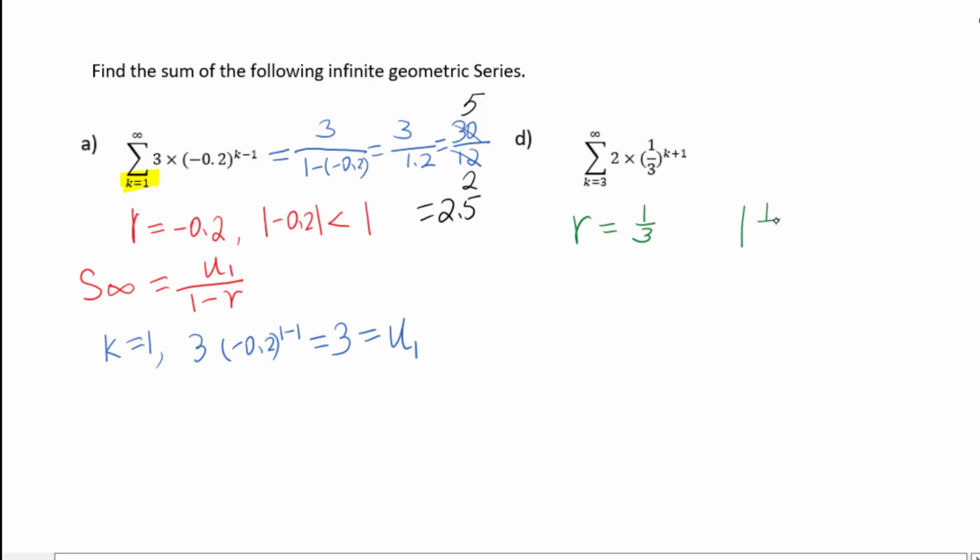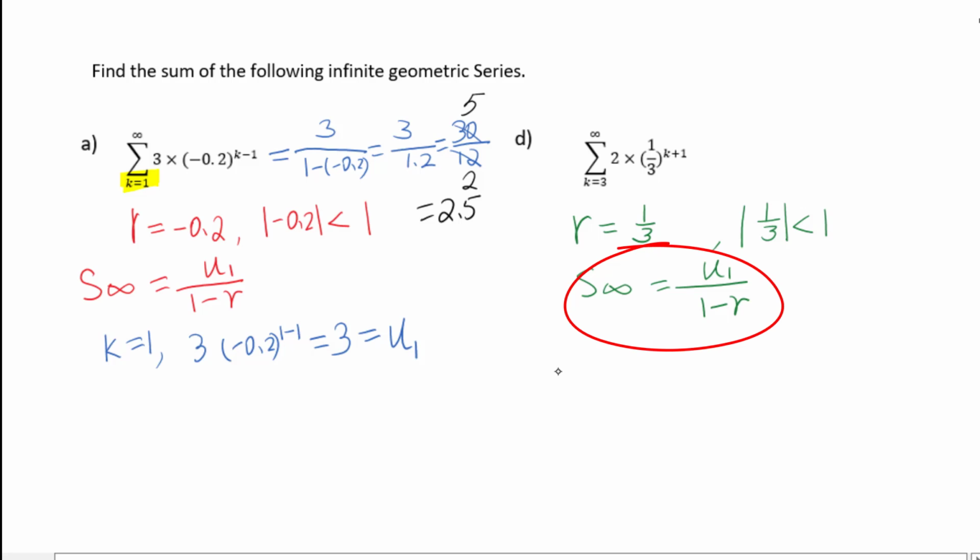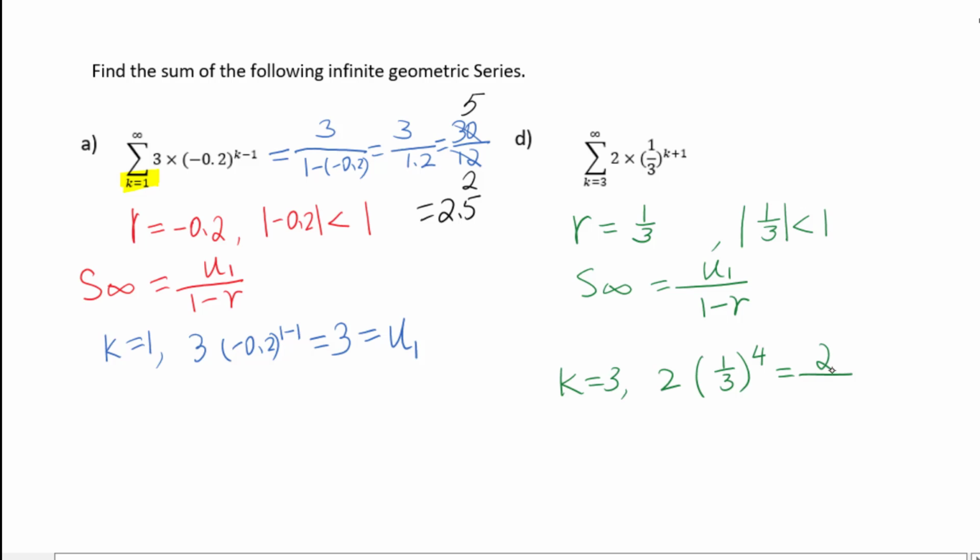Since the absolute value of 1 over 3 is less than 1, we can use this formula. K equals 3, so 2 times 1 over 3 to the 3 plus 1, the 4th power. That equals 2 over 81.